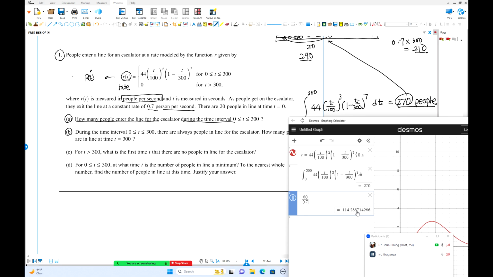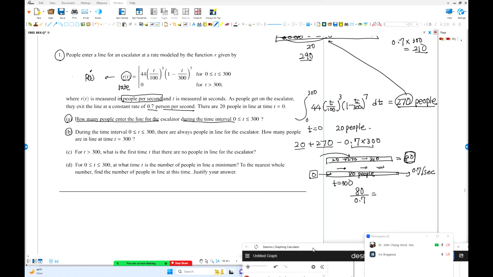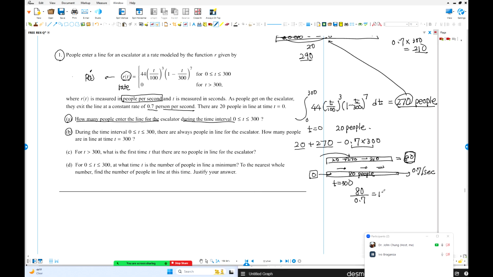So 114.286. It takes this much after 300 seconds. We're going to count the time from the beginning. From the beginning, 300, and after this it takes 114.286 seconds again. Total how much? 414.286 seconds.